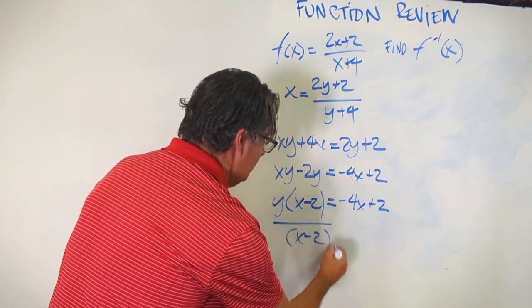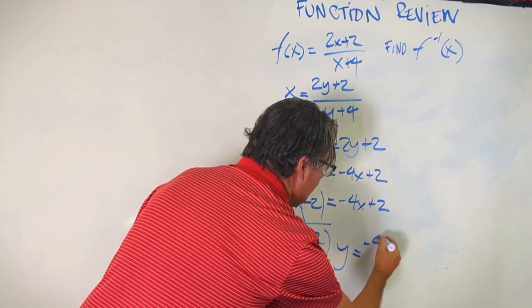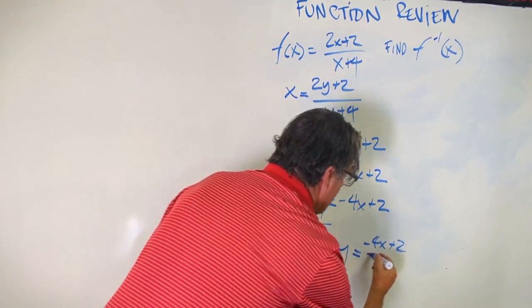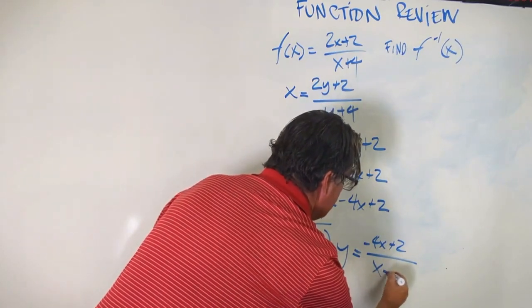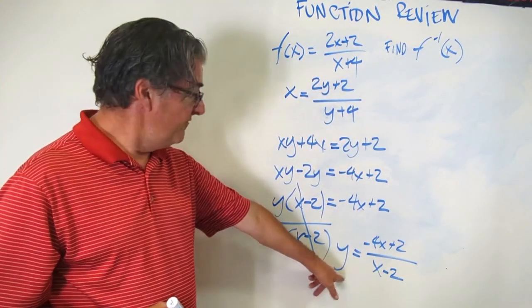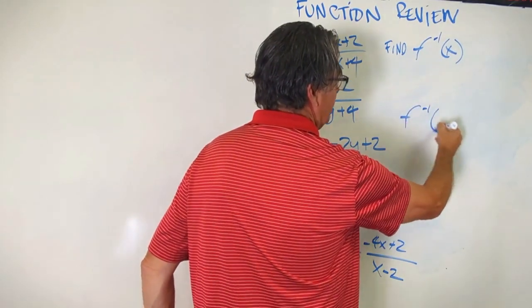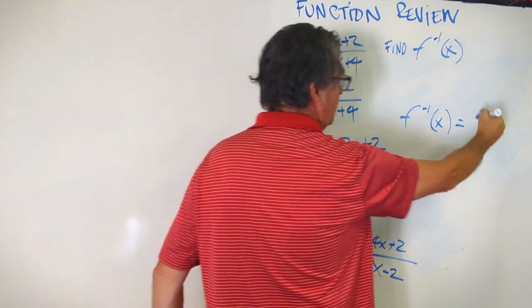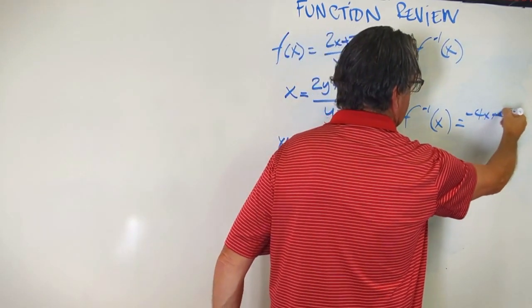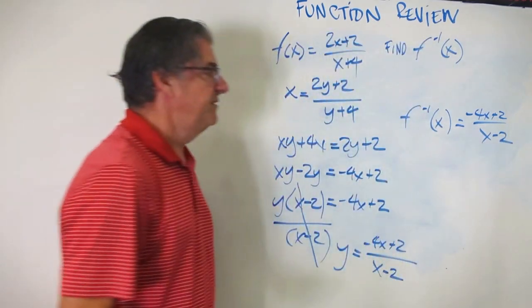These are going to cancel, and so I'm going to get y equals minus 4x plus 2 over x minus 2. So that would be my inverse function. To finish this out, I would write f inverse of x equals minus 4x plus 2 over x minus 2. There you have it.